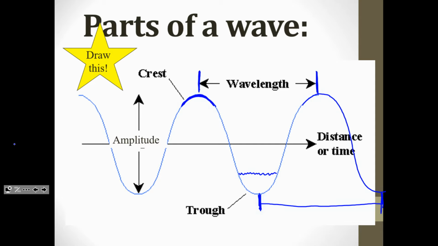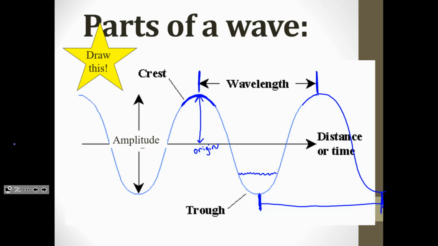Amplitude is the height of the wave. Amplitude goes from crest to trough. Some people also measure amplitude from the crest or the trough down to what we call the origin, which is the middle of the line. The more waves that pass through a certain point, we call that a higher frequency.